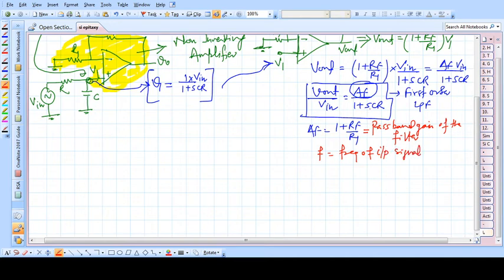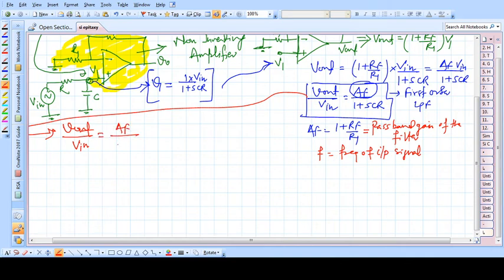If we write it in terms of F, V output by V in is AF by 1 plus, instead of S you can write j omega CR, or 1 plus j omega, so 2 pi F into 1 by 2 pi FH.